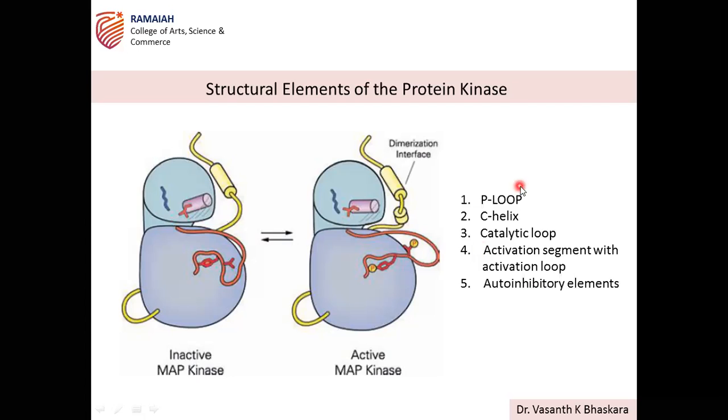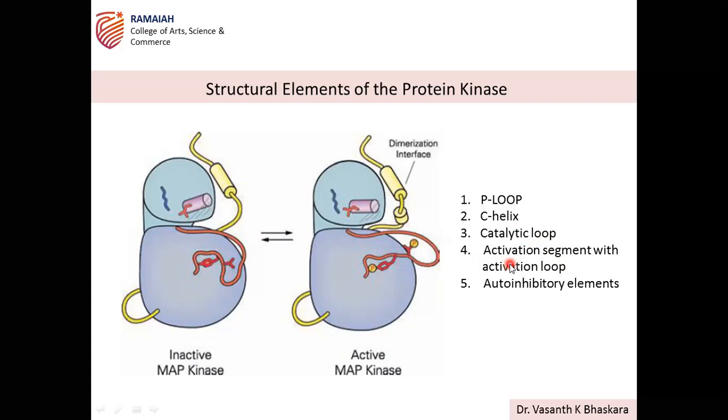I hope all of you can recollect very well, because yesterday we discussed all these structures. The P loop, or glycine loop, and the C helix are important for regulation of this protein kinase. Then the catalytic loop, and the activation segment with the activation loop. Here the tripeptide motif is repeated several times, and this represents the site where the substrate peptide is going to bind.